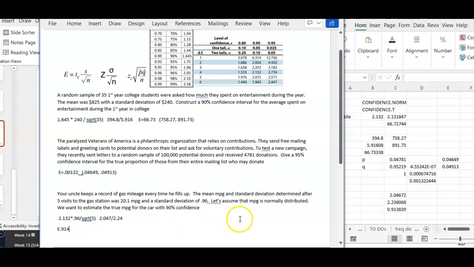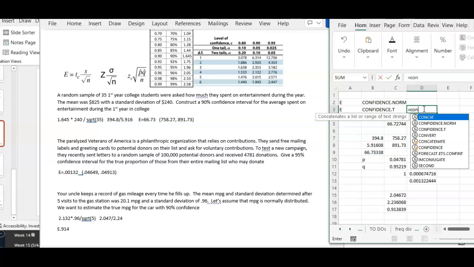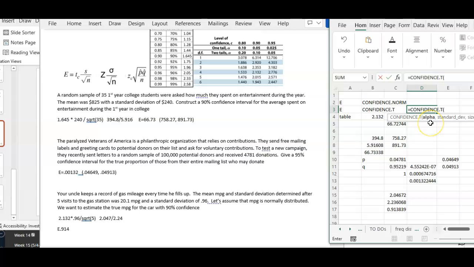I am going to show you as well that CONFIDENCE.T is another formula in Excel, which will give you your margin of error when you're using the t-distribution. It's looking for alpha, again that's 0.1, my standard deviation, which is 0.96, and the size, which is 5. If it asks for degrees of freedom, you subtract 1 from the sample size.